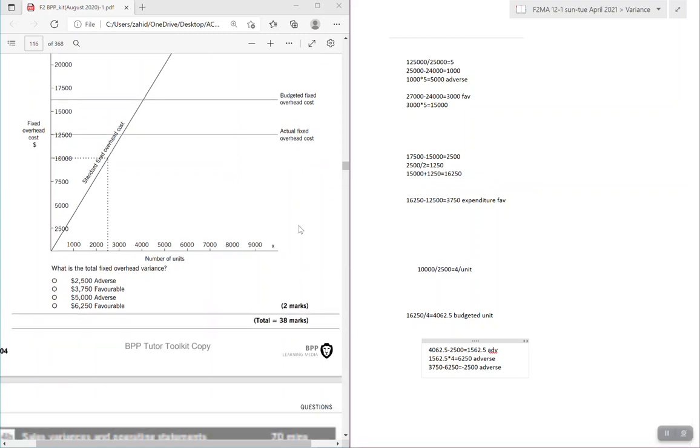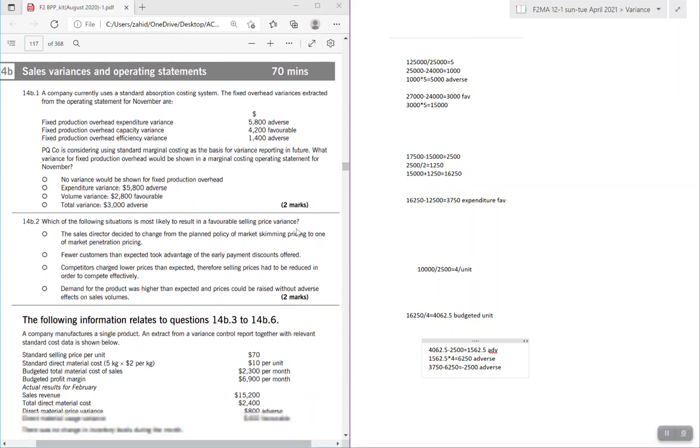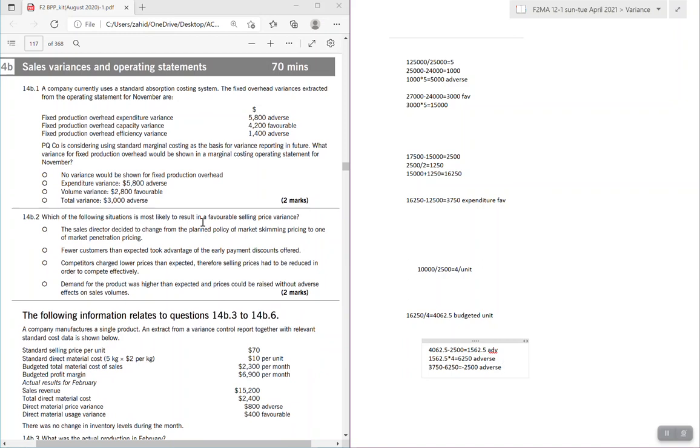Okay, let's continue. PQ is considering using standard marginal costing as a base of variance reporting in the future. What variance for fixed overhead would be shown in marginal costing operating statement for November? A company currently uses a standard absorption costing system.